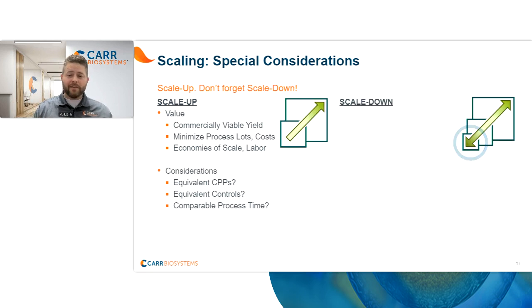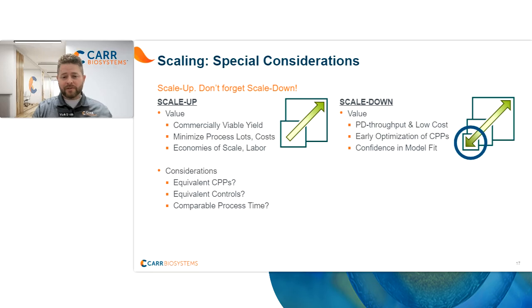You can't scale up from something that doesn't match your scale, that you don't have a scale down model for. And so the value of having a good scale down model early is that you can do process development and early optimization of your critical process parameters.